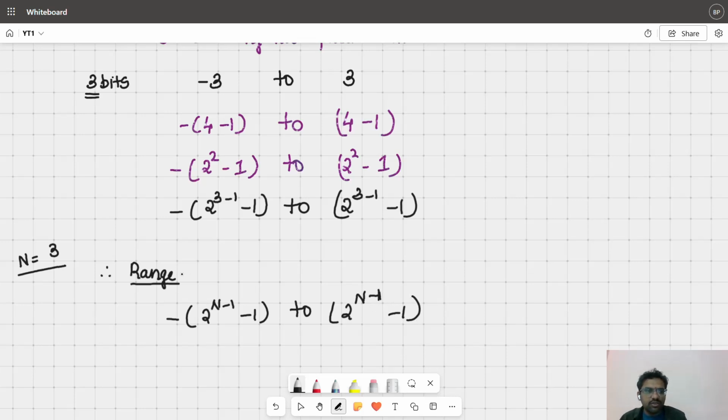This is the range for the sign magnitude method.